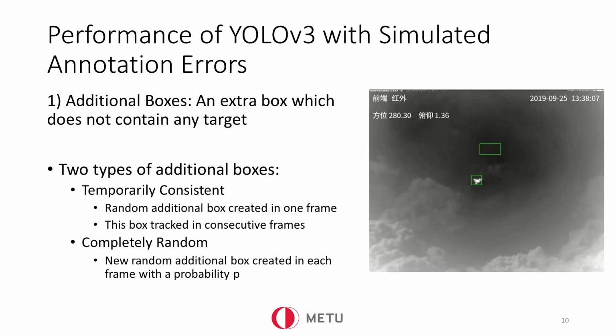First one is the temporally consistent one, where a random additional box is selected in one frame and that box is tracked through consecutive frames. The other is the independent one, where the additional boxes are selected completely randomly in each frame with a probability p. This p is mostly 25% or 50% in our experiments.